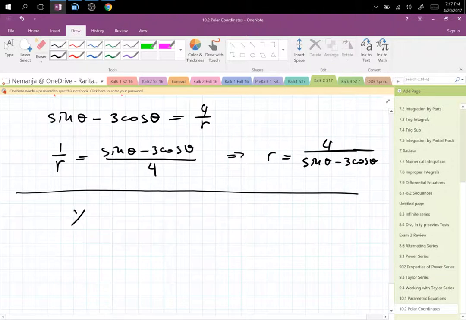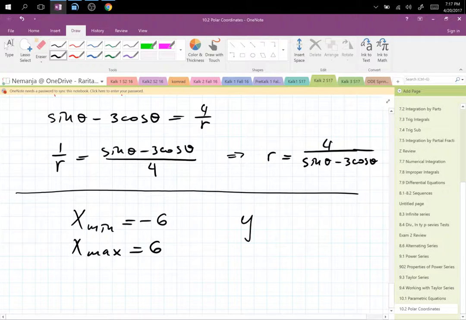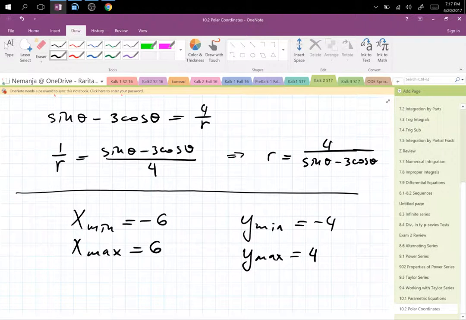X min negative 6, x max positive 6, y min negative 4, y max positive 4, and don't touch anything else. Leave the x scale to be 1 and all the thetas and stuff, whatever it shows. So do that first.